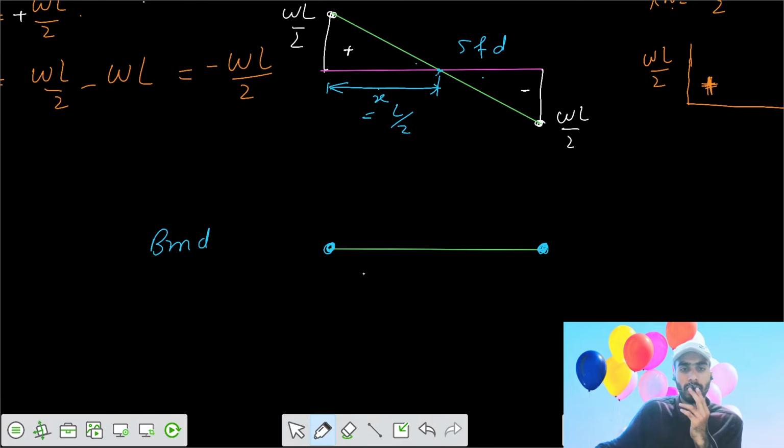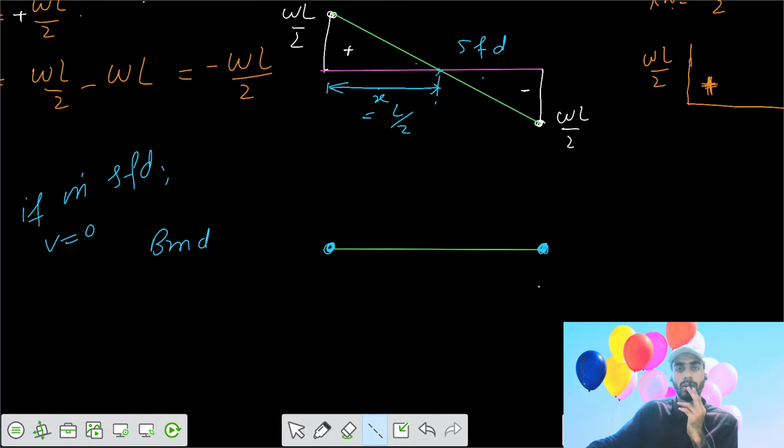Once you have those 2 points, what is the critical point? We know that between the two critical points, there's no sudden change in the SFD and BMD. But if in the shear force diagram the shear force equals 0, or the shear force changes sign, then we get one more critical point in your bending moment diagram.